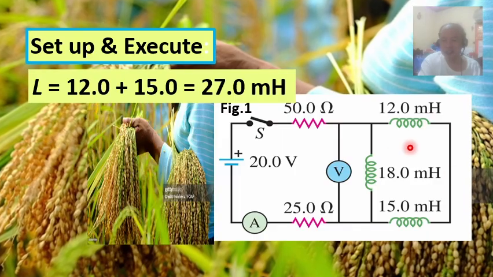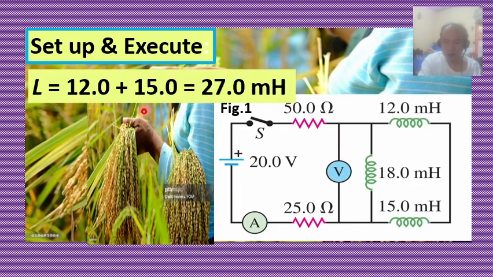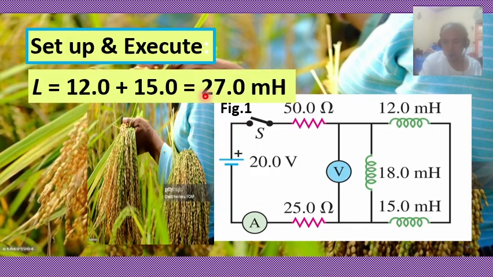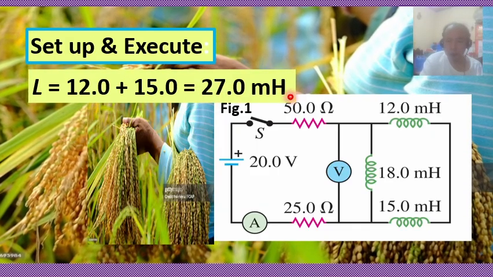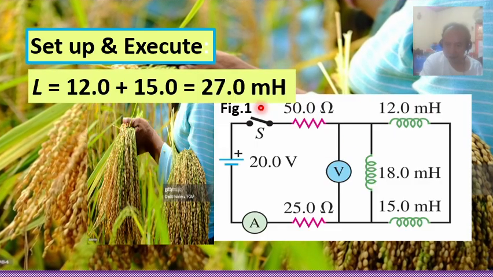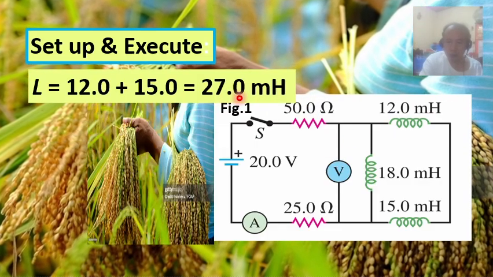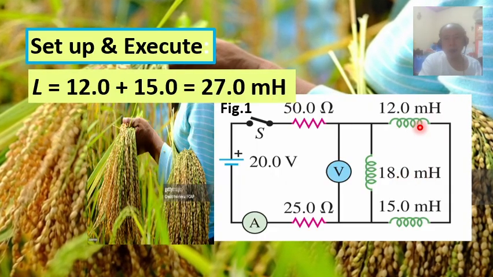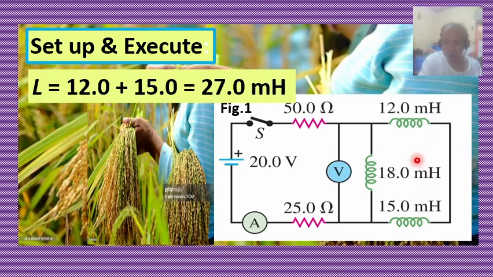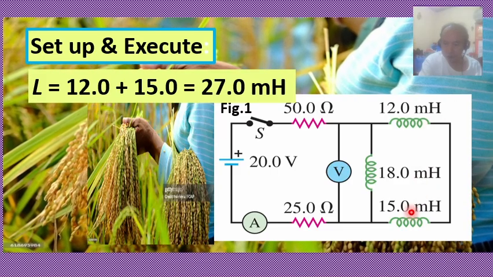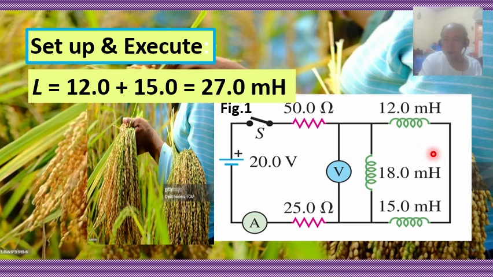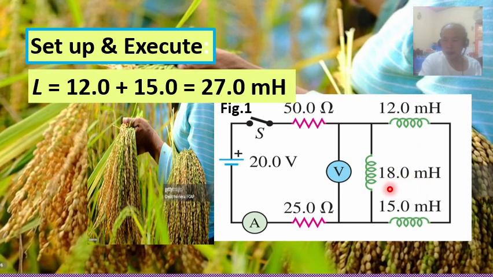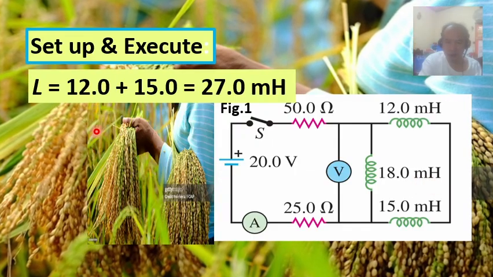Since they are in series, we just add them directly. 12.0 plus 15.0, which is of course equal to 27.0 millihenry. And this 27.0 millihenry, which is the combined inductance of the first two inductors in series, happens to be parallel to the third inductance, 18.0 millihenry.